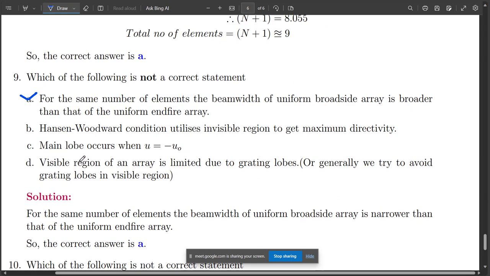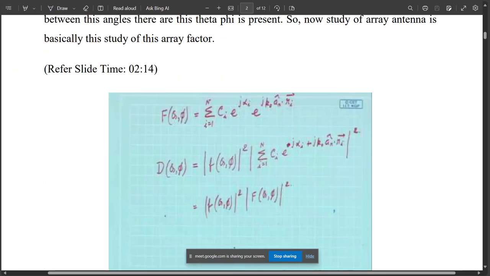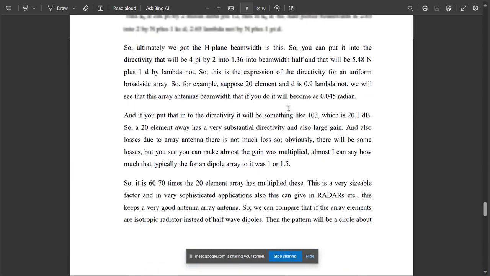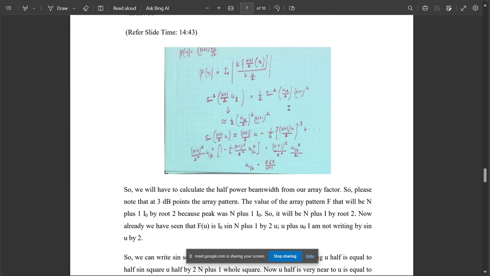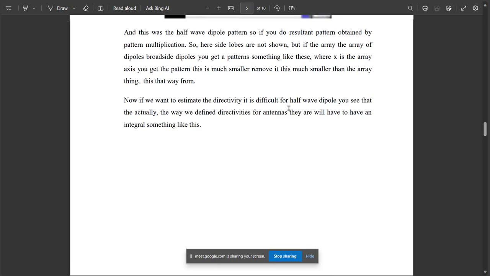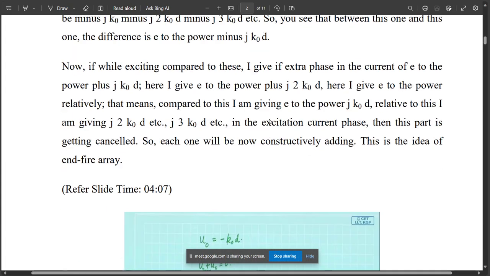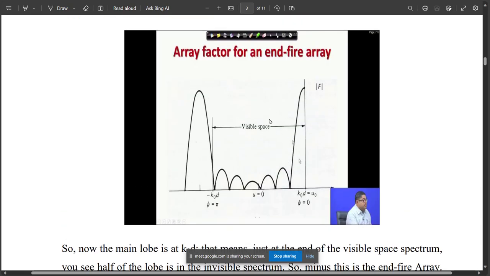So the visible region of an array is restricted to before the grating lobe. Before the grating lobes come, the visible region is restricted to that. Here you can say that this is the grating lobe, which is almost comparable to the main lobe.